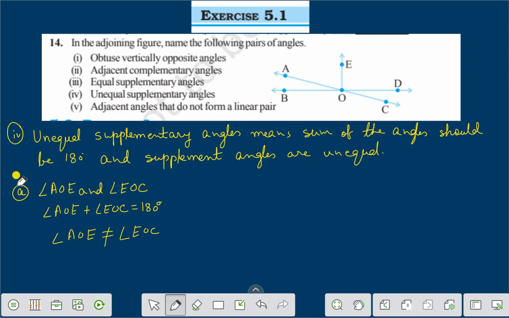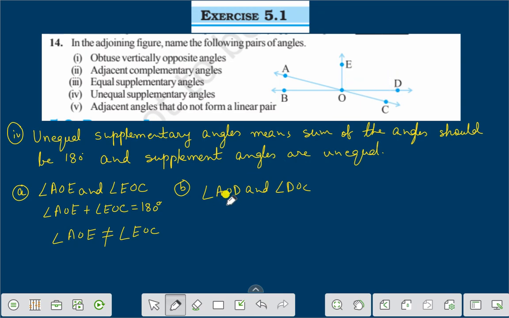Now we will find the second pair, that is angle AOD and angle DOC.